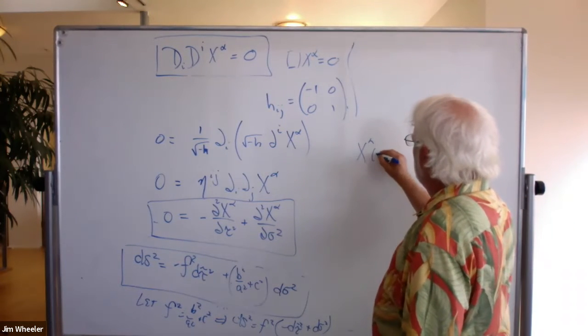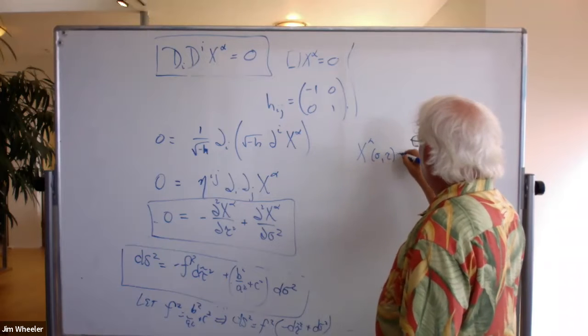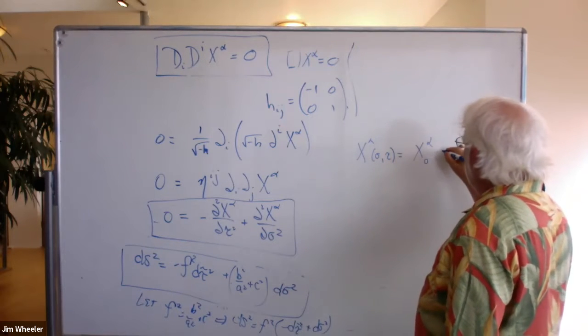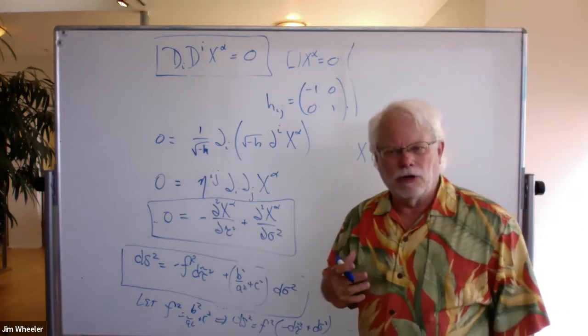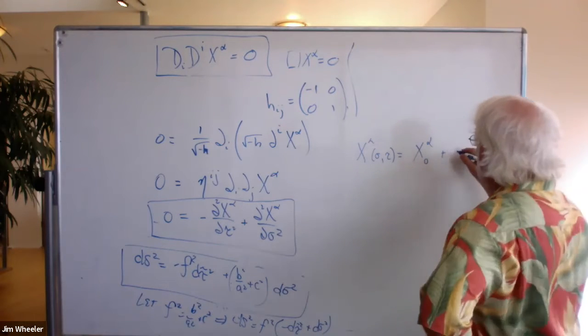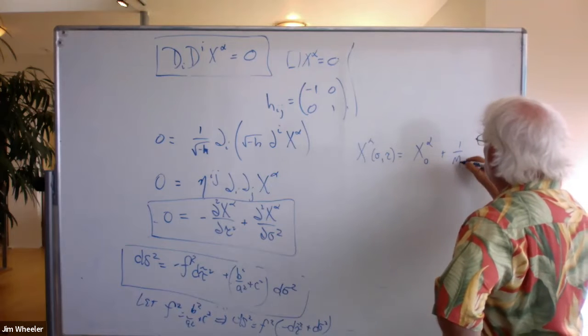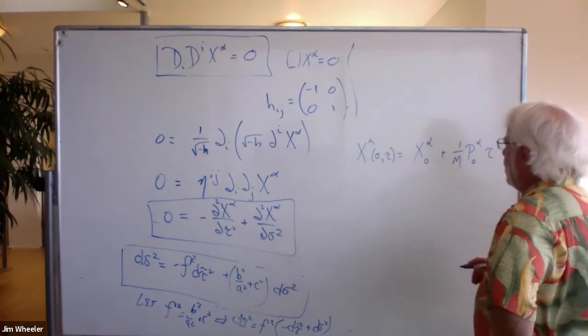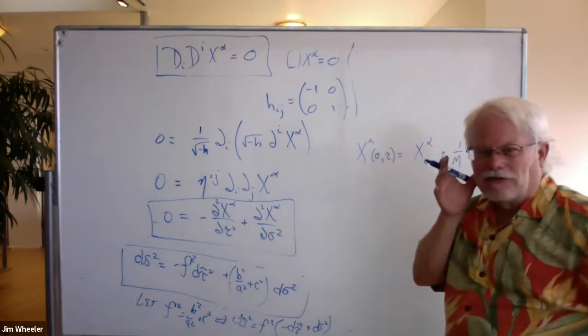So x of sigma and tau. Okay, so we have an initial position. So we have the center of mass motion. Starts at an arbitrary position, moves with some constant velocity, which I'll write as 1 over m p0 alpha times tau. So there's the center of mass motion.